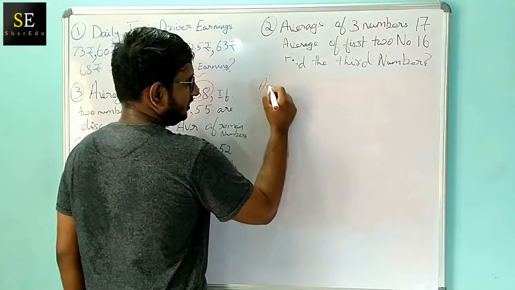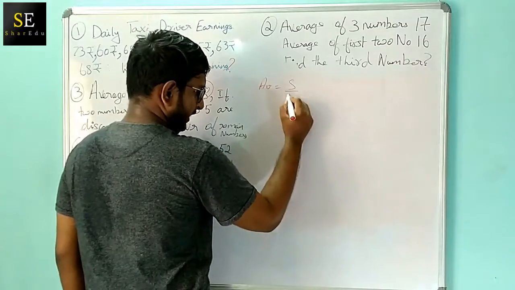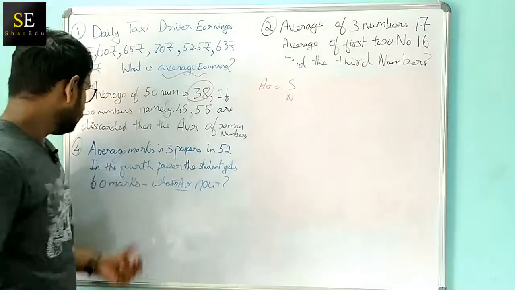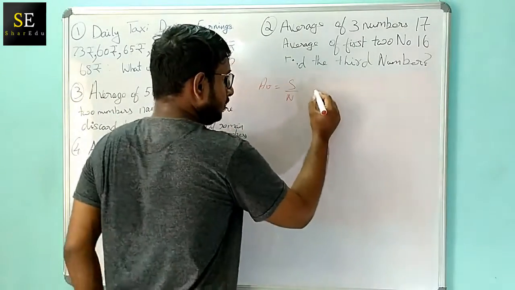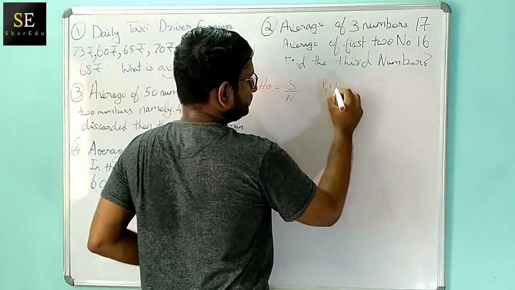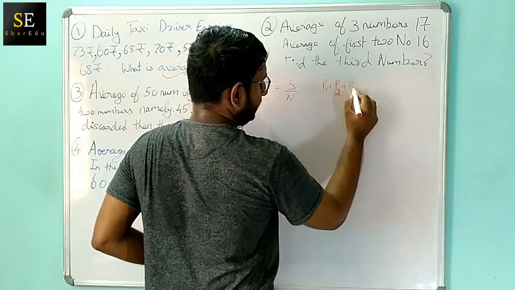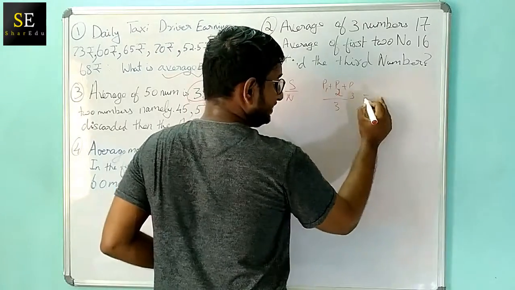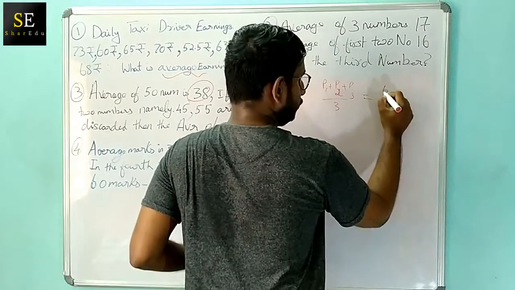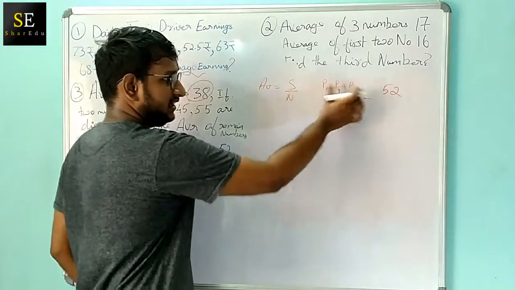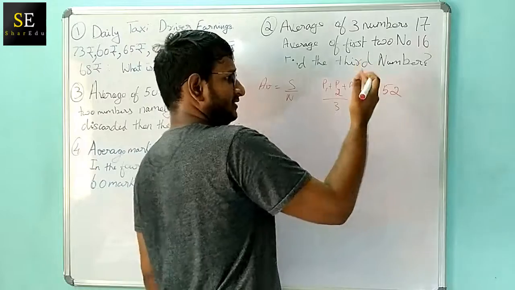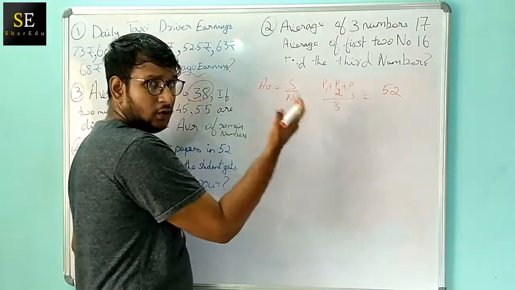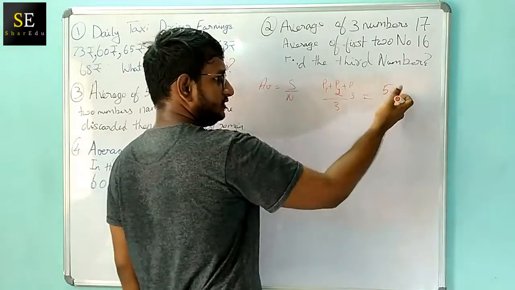Let's start with the formula itself. Average is equal to sum by number. The average marks in three papers: let's take the papers as P1 plus P2 plus P3, divided by 3 because there are only three papers, is equal to 52.